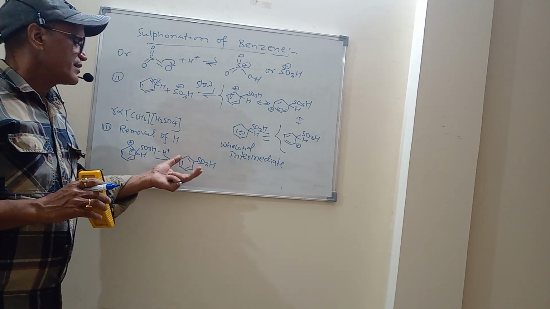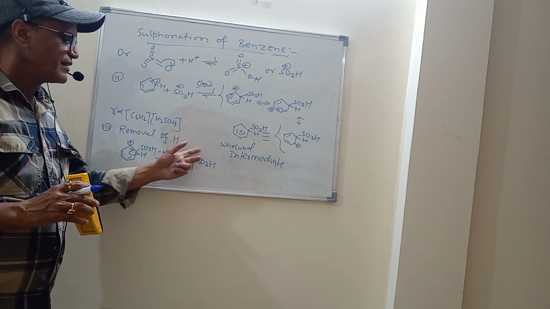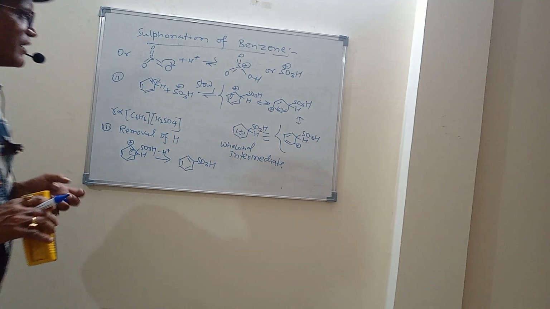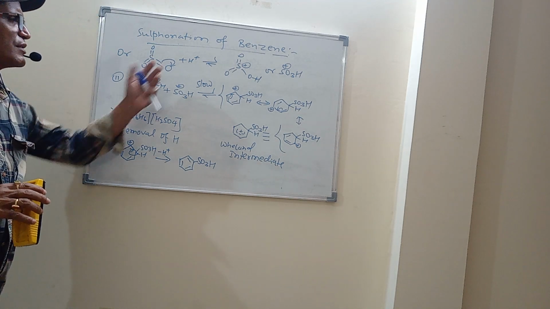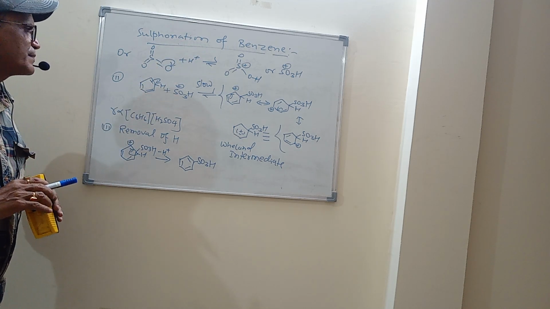This reaction is reversible as I told you in the beginning. So on heating further, this can be removed and H will be coming here. So this is also called ipso substitution. So this was the third example in the category of electrophilic substitution.